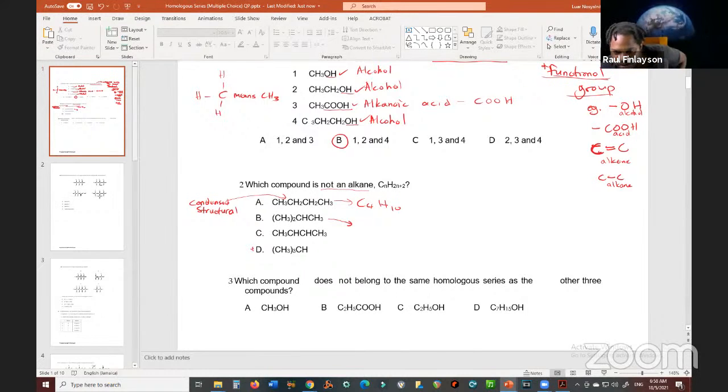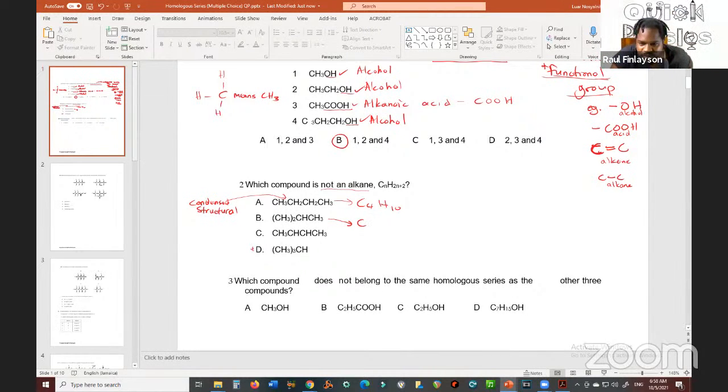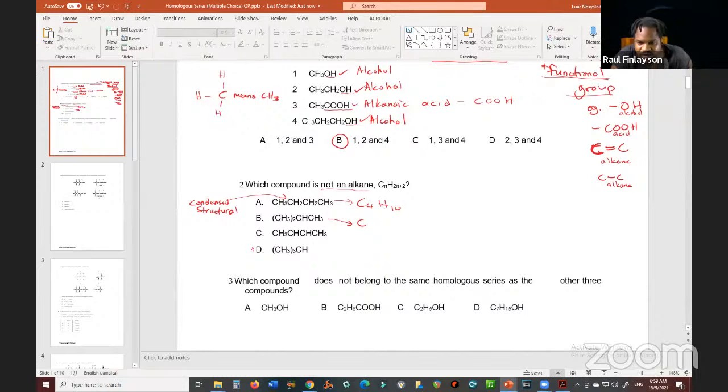B. Let's see. It's not an alkene. CH3, two there, that would be CH3. So let's put this in perspective now. One C there, but it's 2 outside the bracket, so it's actually 2 C's, and then you have 1, 2 there.